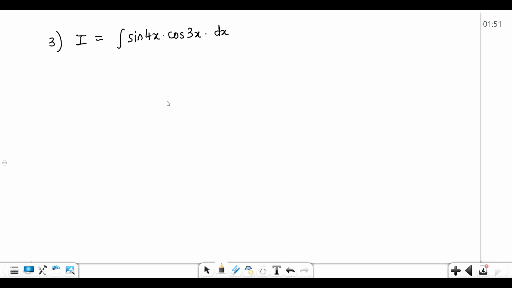So what we can do is multiply and divide by 2, which gives 2 sin 4x cos 3x. This is based on a formula, which I'll tell you: 2 sin a cos b is equal to sin(a plus b) plus sin(a minus b).